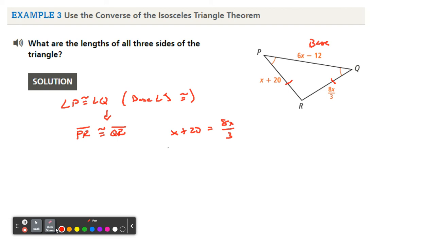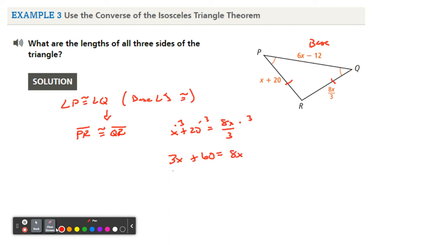Okay. So there's a couple things we can do to solve this. If you want to get rid of this fraction real quick, let's just multiply everything by 3. So this is a technique. Again, you have to combine these x's, which would take like terms. Let's multiply everything by 3. Notice I multiply everything by 3 because it's distributive. So 3x plus 60. And over here, when you multiply by 3, the 3's actually cancel and 8x comes down.